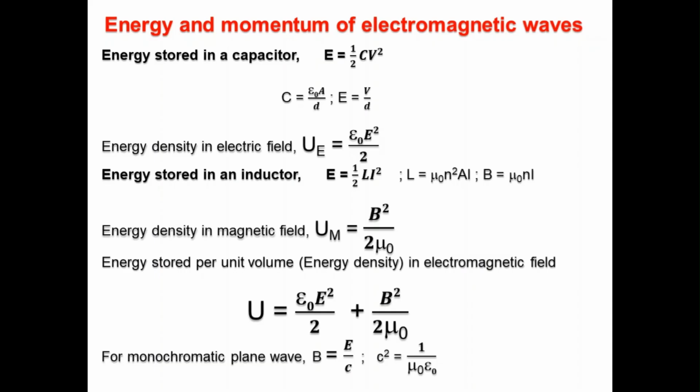The energy stored in a capacitor is electrical energy. So you all know E is equal to half CV square. Then you know that C is epsilon naught A upon D, and E is nothing but V upon D. So the energy density, which I denote by UE, is the energy stored per unit volume.